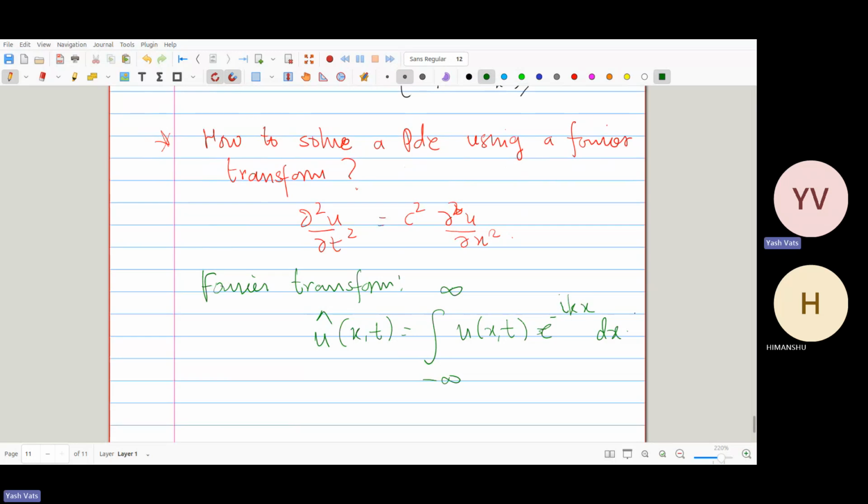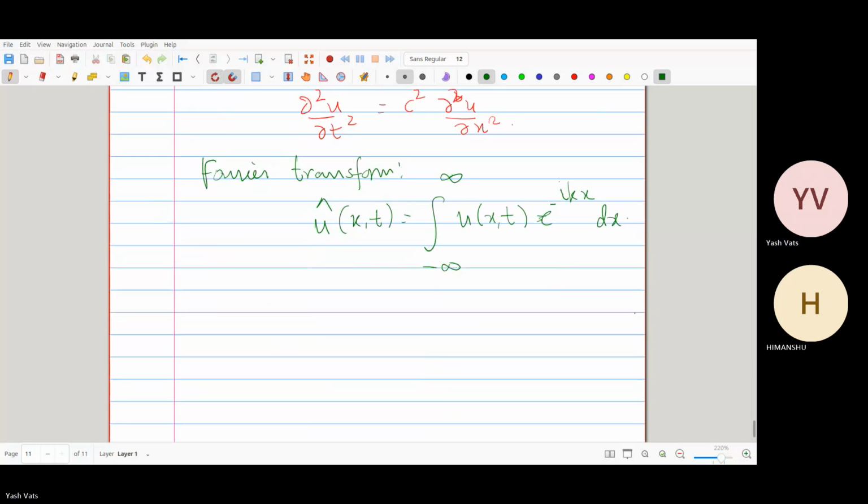Okay. So what is the Fourier transform of a derivative of a function? I just tried something here. What you can do is try to calculate the Fourier transform of u_t(x,t). So that is u_t hat.